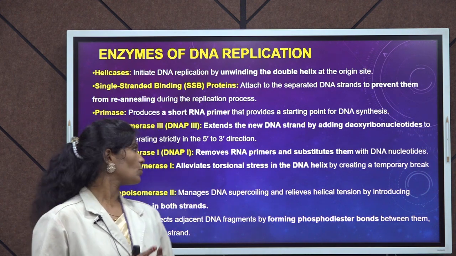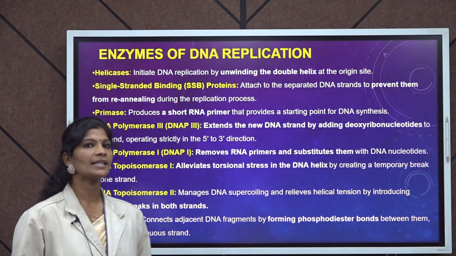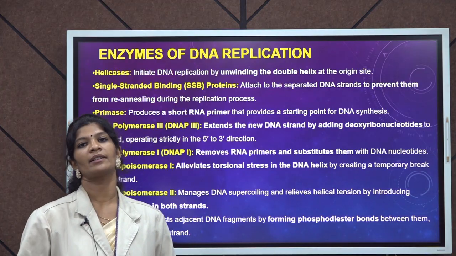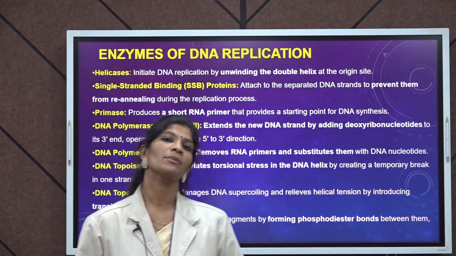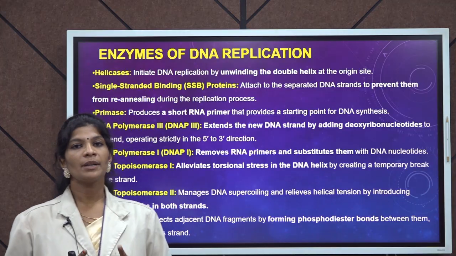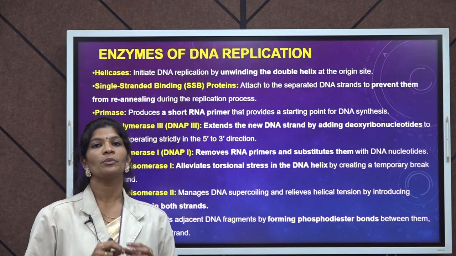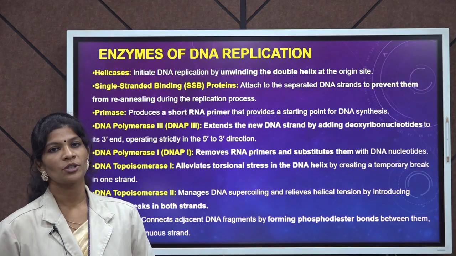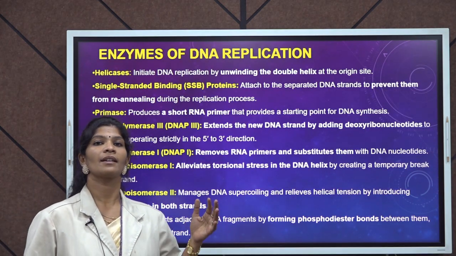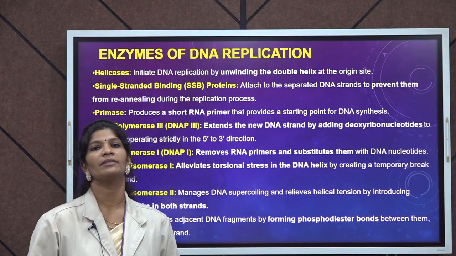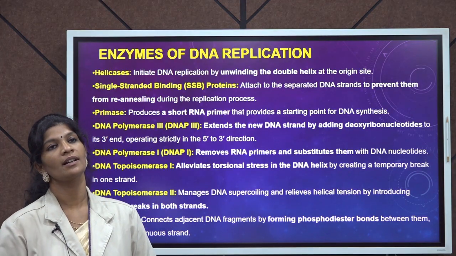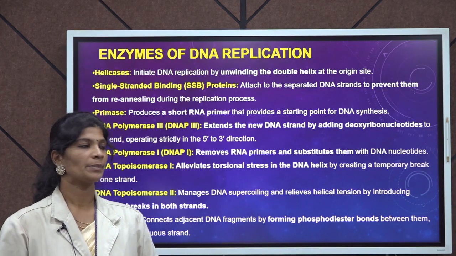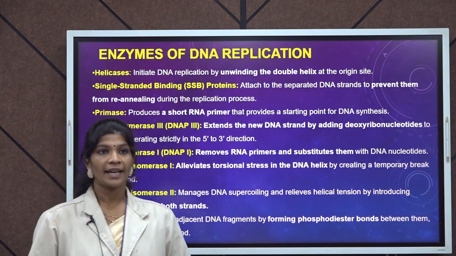Topoisomerase 1 creates a temporary break in a single strand of DNA, whereas topoisomerase 2 creates a double break in the DNA strand to prevent overwinding and breaking of DNA. One more enzyme is DNA polymerase 2, which helps in the proofreading of the DNA once the replication is completed. And the last one is DNA ligase enzyme.